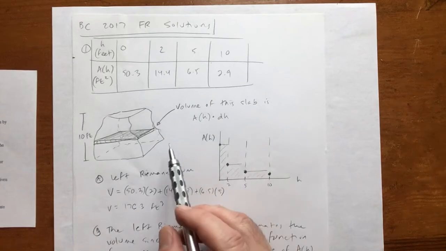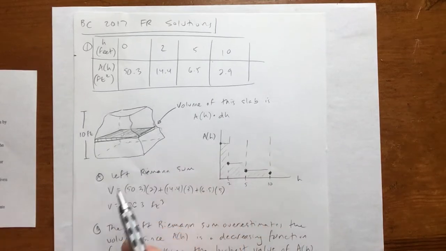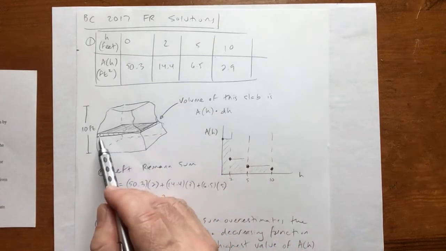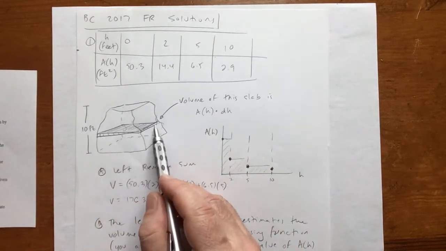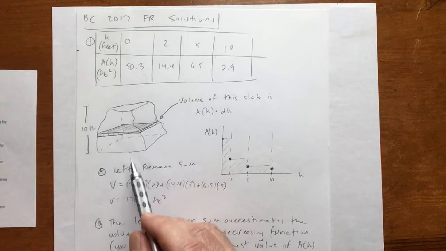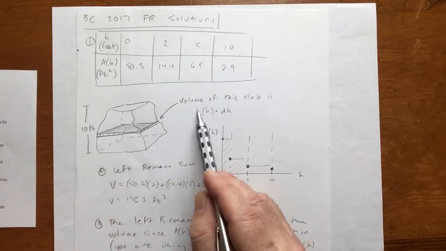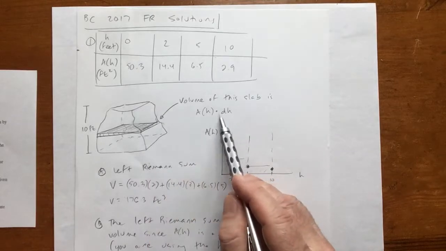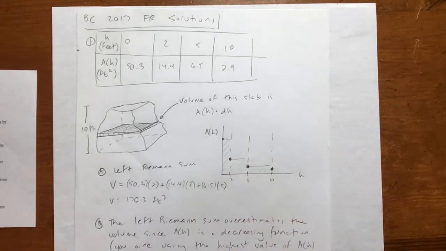And the volume of the tank, well, if we want to find it exactly, if we had the equation for the area of the tank, we would just add up all of these little volumes of these slabs, and the volume of the slab would be the area of that slab times the height, in which case, if we're finding the exact one, would be a change in h.